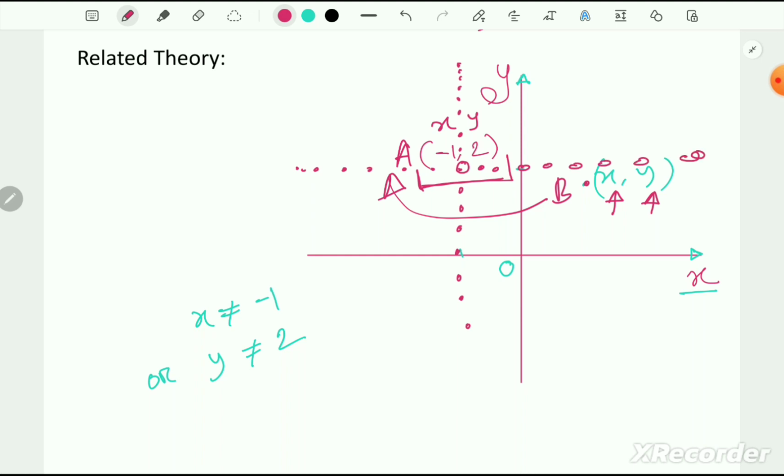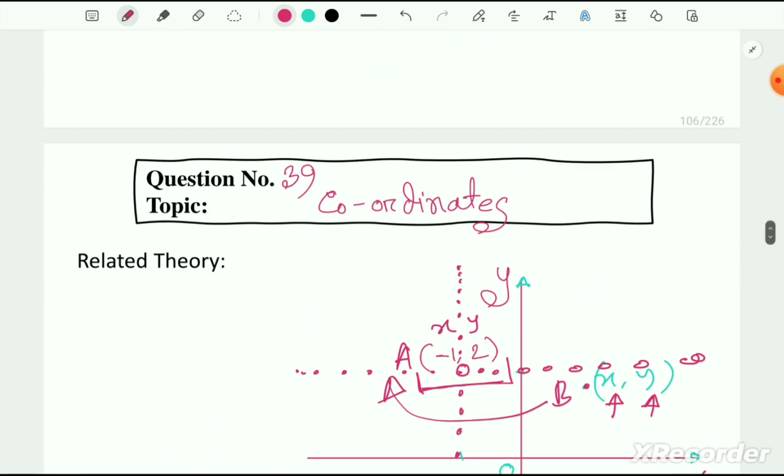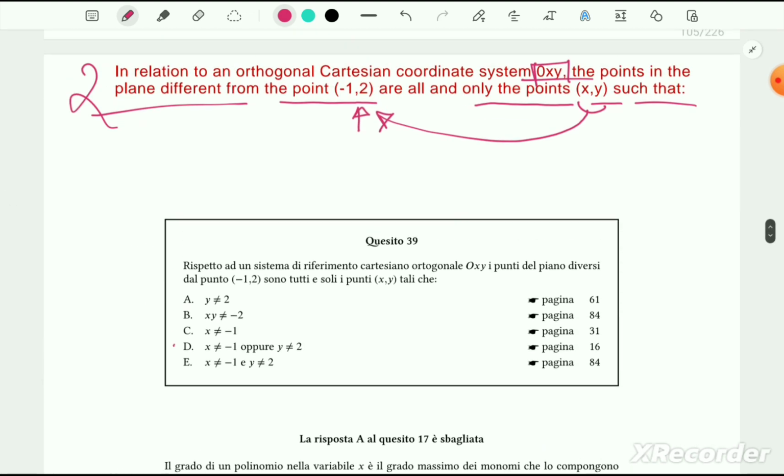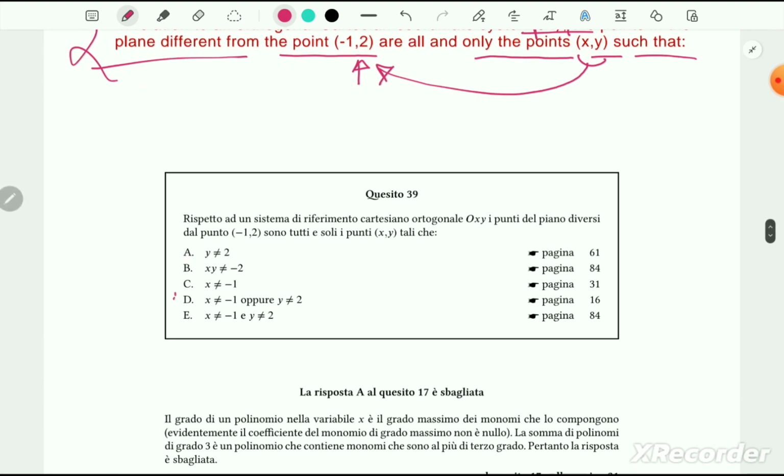So all are different points from (-1, 2). We just change either x or y. That means if we change any value of x or y, we'll get a different point from A. That means our correct answer is D.